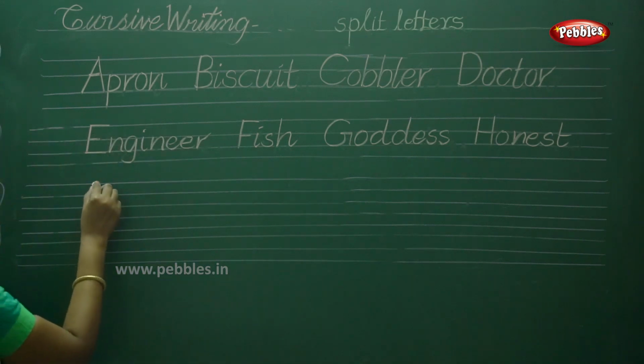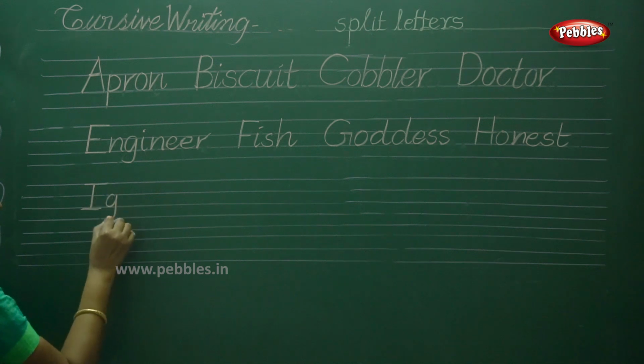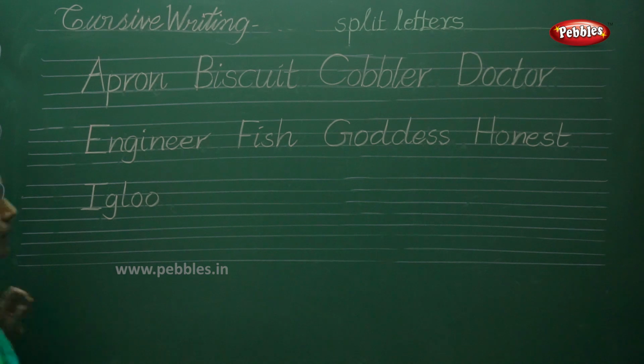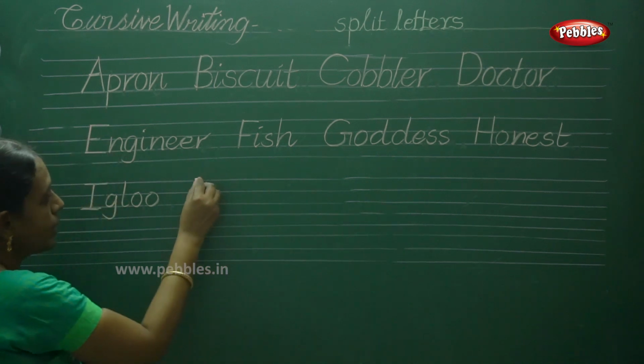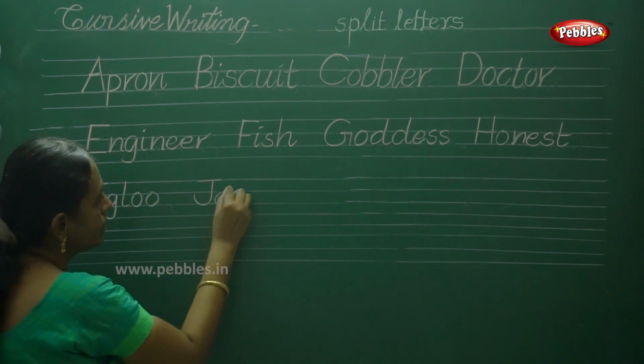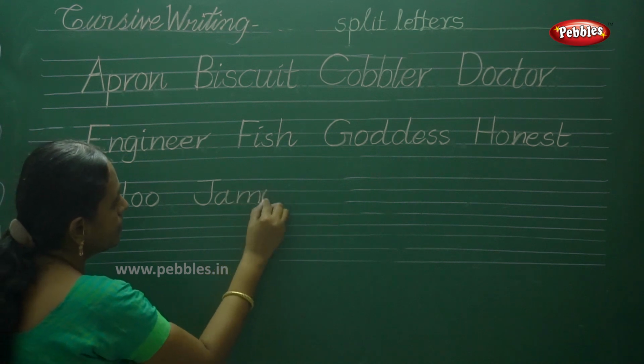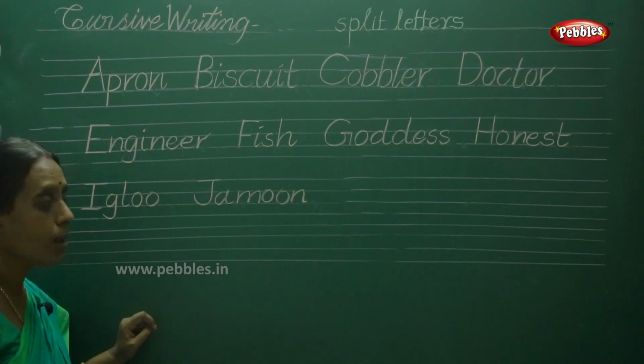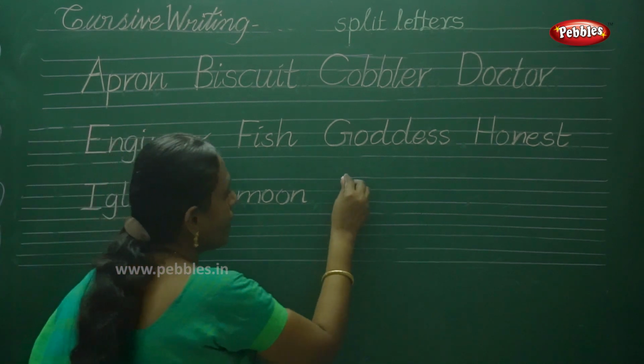And I, igloo. Okay, then J, jamun, J-A-M-U-N, jamun.